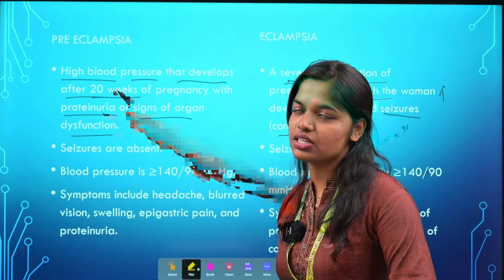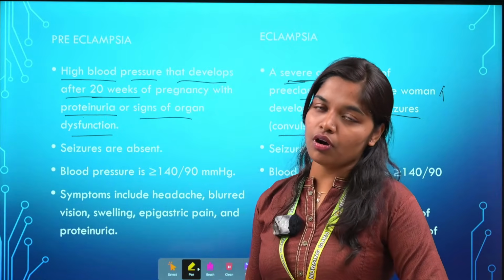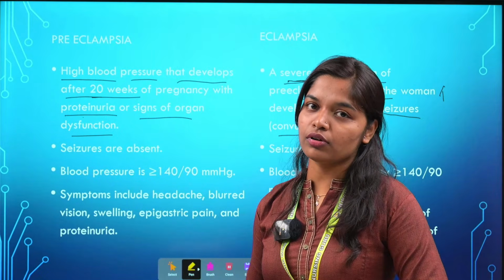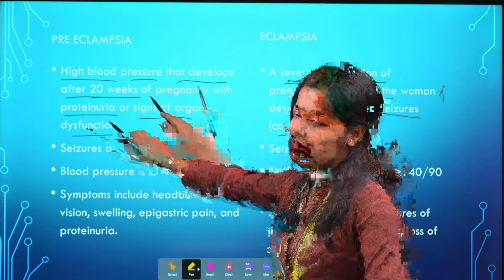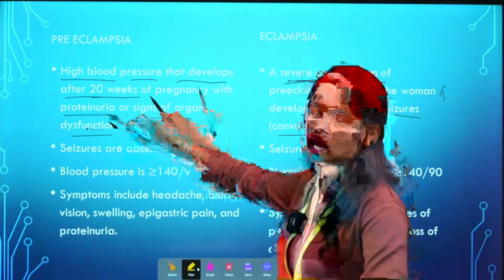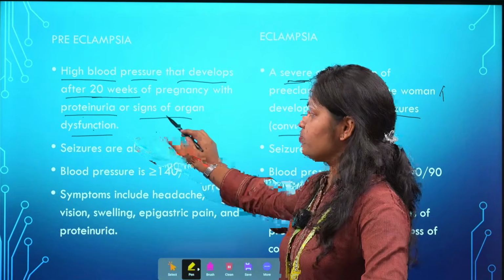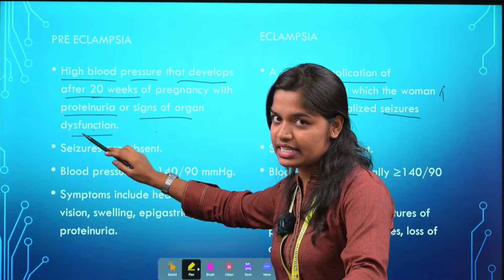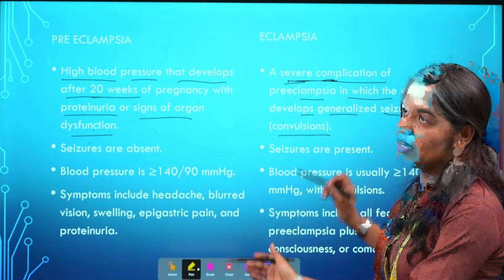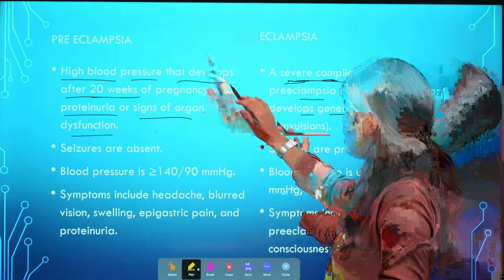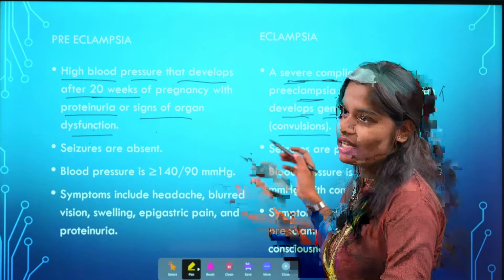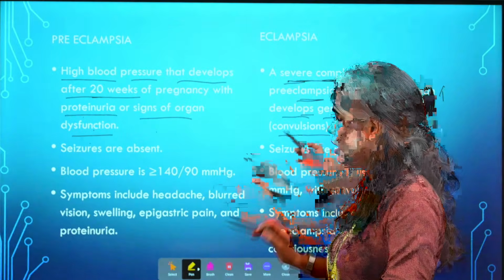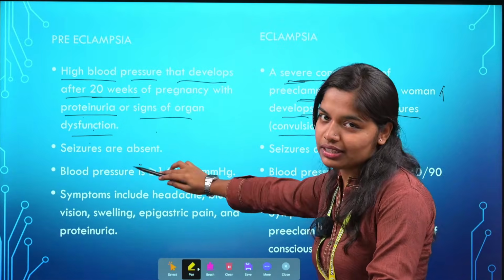Preeclampsia is a condition of high blood pressure after 20 weeks of pregnancy with proteinuria, and also signs of organ dysfunction. Eclampsia is a severe complication of preeclampsia, in which generalized seizures develop.